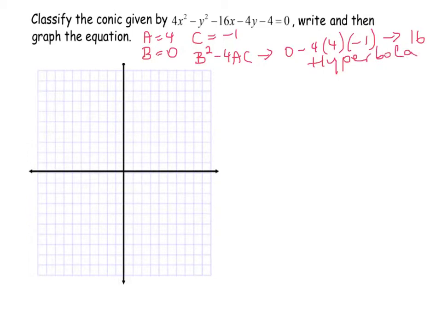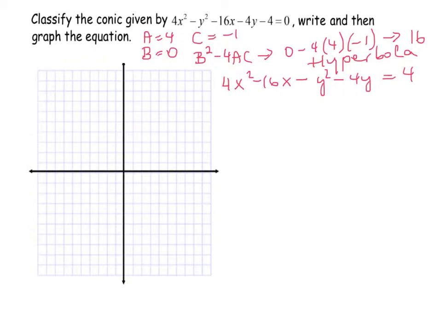So now we are going to complete the square to write the equation in standard form for graphing purposes. I'm going to group my x terms: 4x squared minus 16x minus y squared minus 4y, and that will equal 4. Now I'm going to start factoring out the common numerical factors.